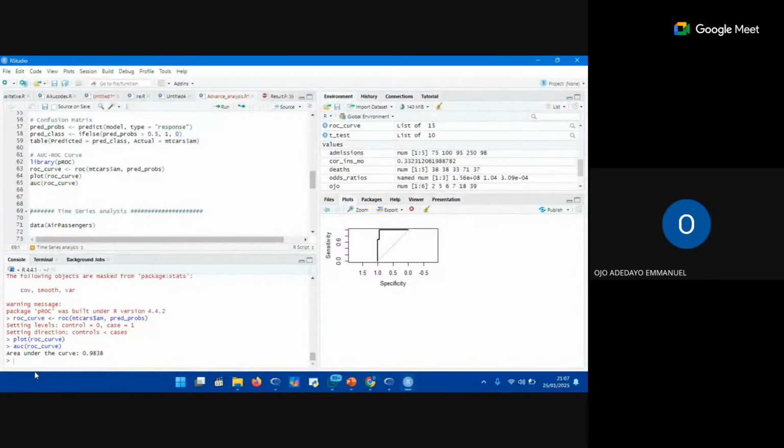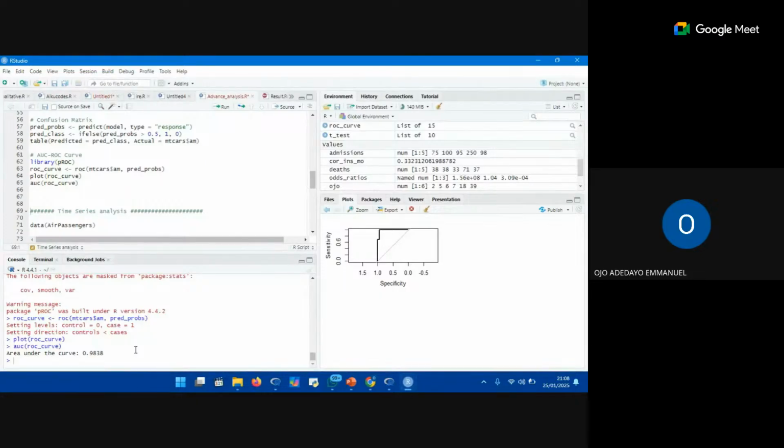And then the value of the area under the curve, AUC, is 0.9838, which is the same as 98.38%. So that means that your model is 98.38% accurate. So that means that what he predicted is 98.38% accurate. So that means that this is still okay.